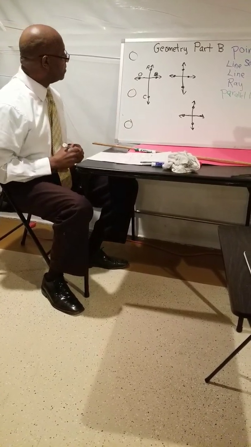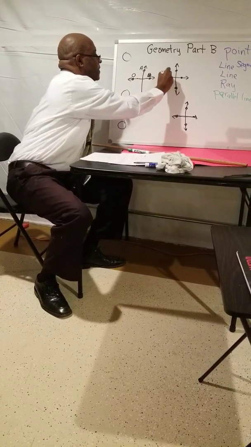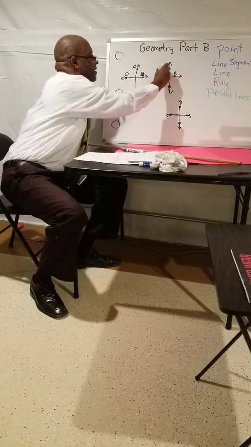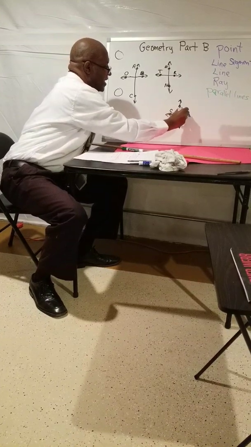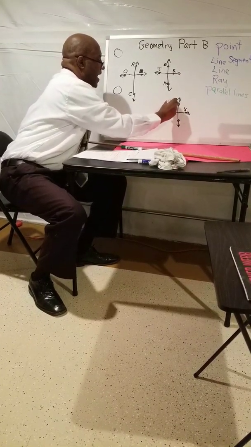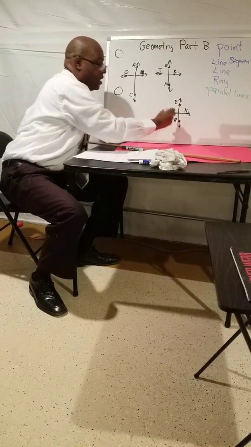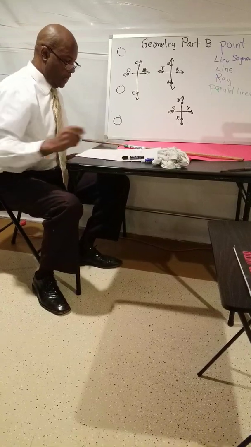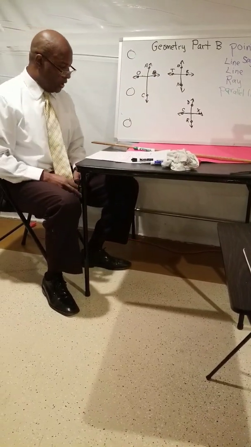Lines. Okay? Right here. Line TR, line BN, line CX, line DR. Okay? Notice that it looks like a lowercase t, right?